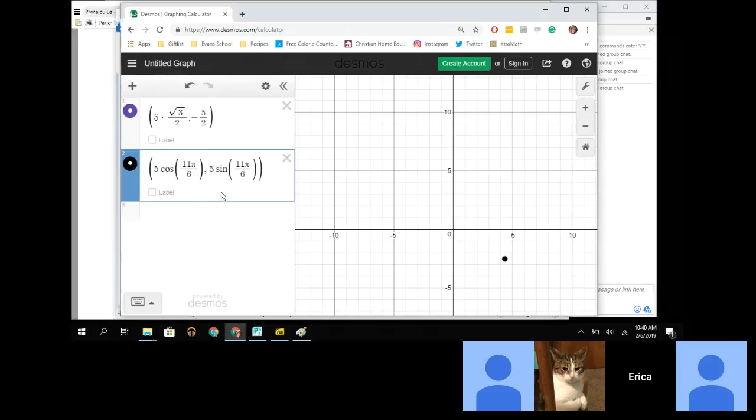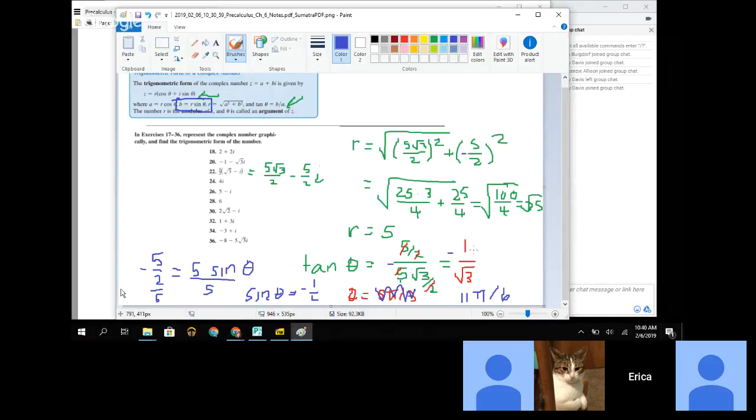So maybe we should do another one since I kind of messed that up as I was explaining it. But basically, this is where I got messed up. I forgot my negative sign. And then when I was looking at my unit circle for where the tangent of theta equals negative 1 over the square root of 3, I looked at the wrong value. The value should be 11 pi over 6.